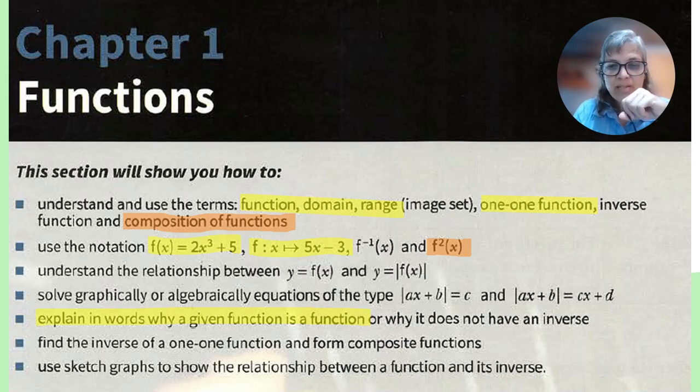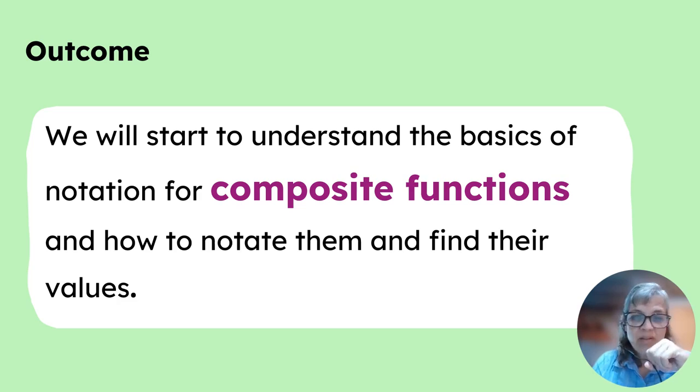So those are the two things that will be more clear after today's lesson, hopefully. Our outcome is that we will start to understand the basics of notation for composite functions and how to notate them and how to find their values. We might be finding their values as a number, or we might be finding their values by expressing the composite function in a simpler way algebraically.